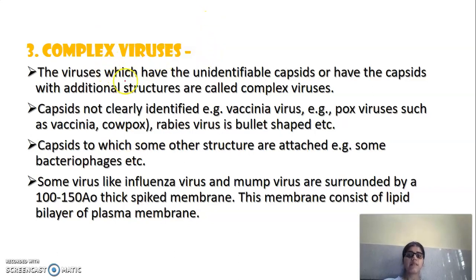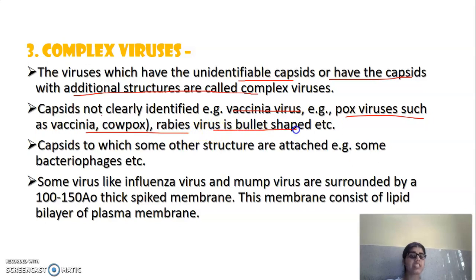Complex viruses. The viruses which have undefinable capsids or have capsids with additional structures are called complex viruses. Capsids are not clearly identified in the complex viruses, examples are poxviruses such as vaccinia or cowpox.